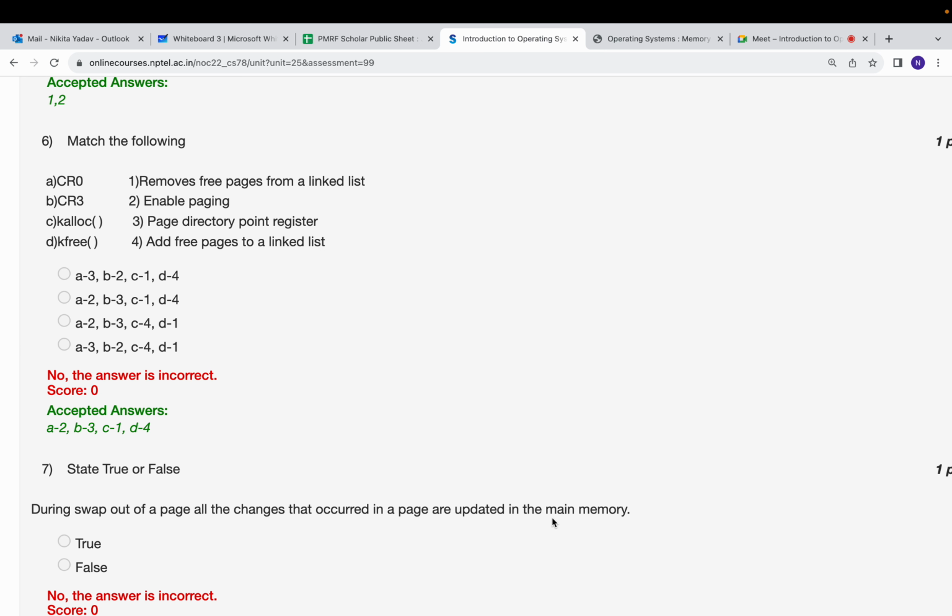The explanation was not specific to this question. So here the question is saying all the changes that occurred in a page are updated in the main memory. That statement is wrong. If there are changes, then they will be updated in the disk. Yes, ma'am. Okay.